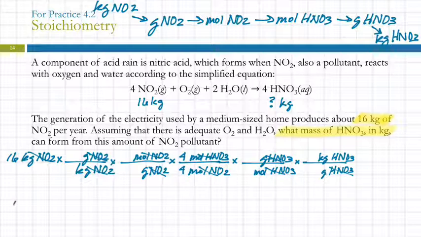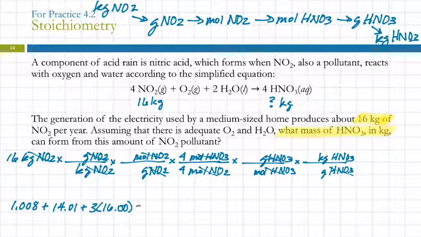So HNO3 is H plus N plus 3 O's. I'm doing the second one first, and so I guess that's okay. So that was HNO3. I'm not sure why I did that one first, but that's the one over here.